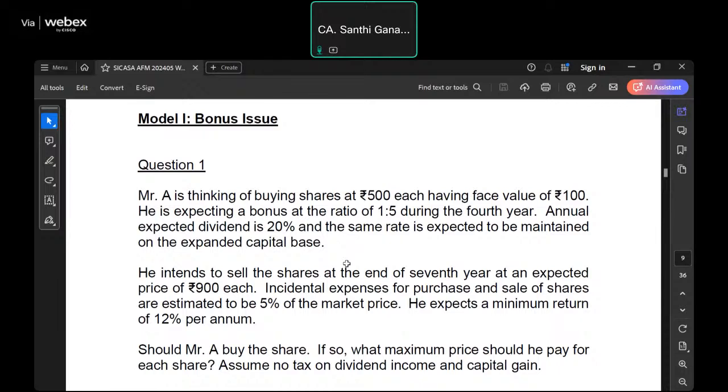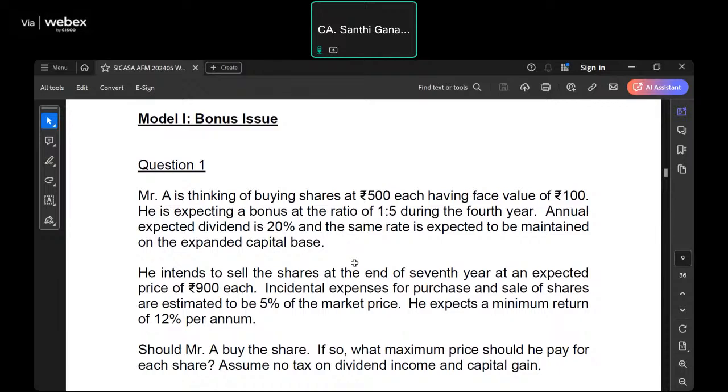So for years 1 to 3, he'll get a dividend of 100. There is a bonus in year 4. So the number of shares held during years 4 to 7 would be 6, and he'll get a dividend of 120.